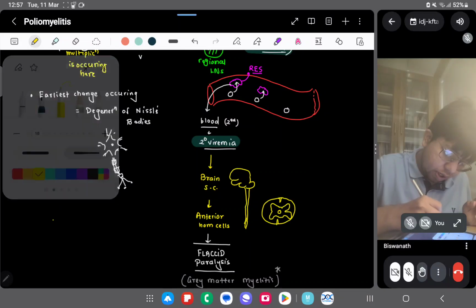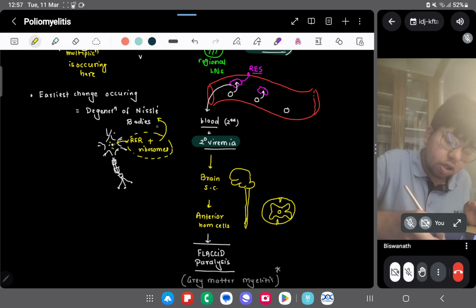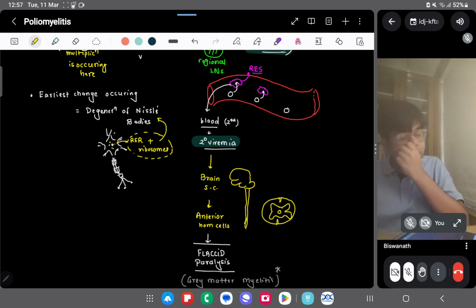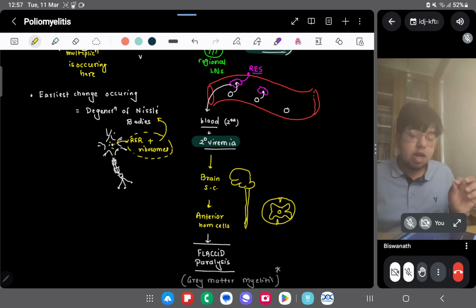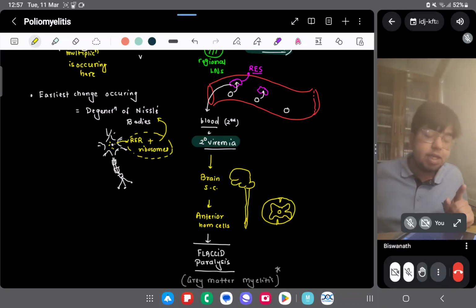In the cytoplasm, we have bodies like this, which are composed of rough endoplasmic reticulum plus ribosomes, and this forms the Nissl's bodies. So this is the physiological thing, I'm not going to detail. For the earliest change, you just remember it is the degeneration of the Nissl's bodies, right?